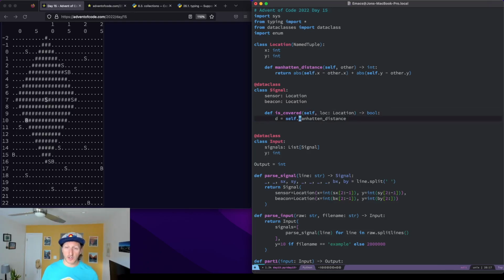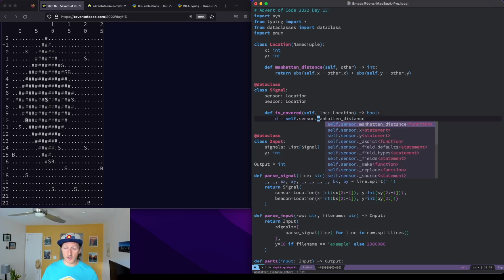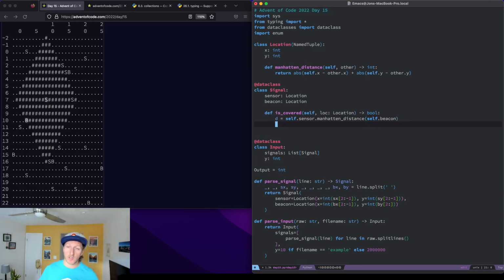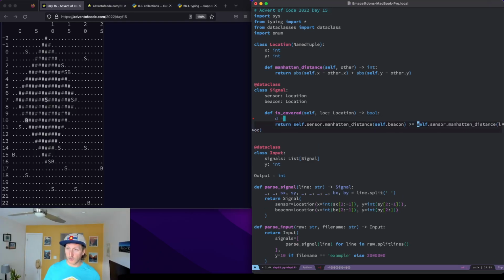So we're going to do self.sensor.Manhattan distance to self.beacon, and then self.sensor.Manhattan distance to the other location, and basically return this first one greater than or equal to the second one.